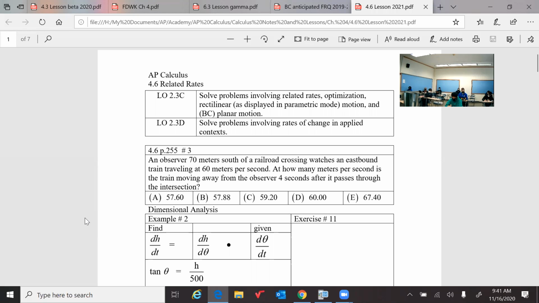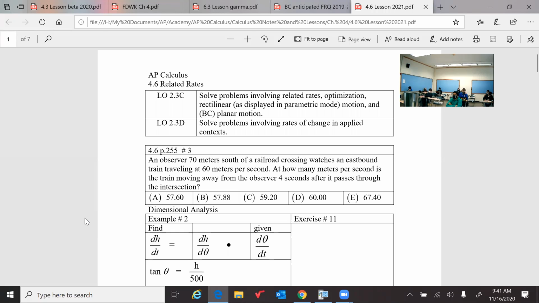Okay? So you're trying to find DRDT. You try to find the change of that hypotenuse with respect to time. And you were given the DXDT.